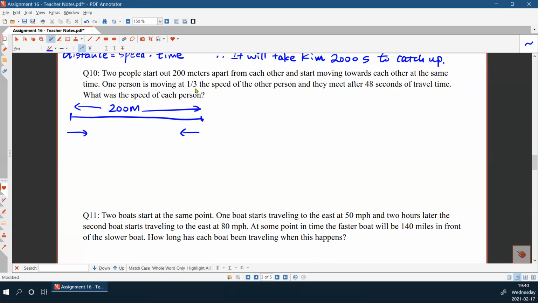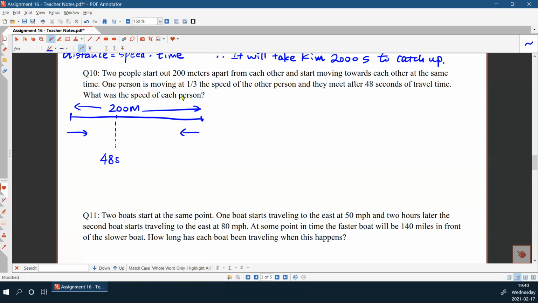One person is traveling at 1/3 of the speed of the other person, and they meet after 48 seconds. Suppose this is where they meet. So after 48 seconds, they meet. What was the speed of each person? So here we want to find the speed of each person, right?